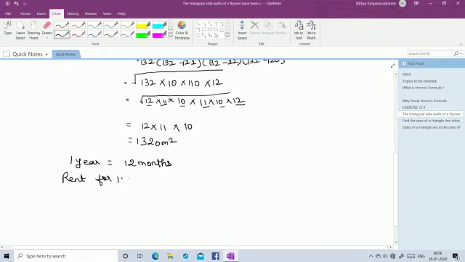Rent for 12 months is equal to rupees 5,000. What is the cost per month? So rent for 1 month, we want to divide. Rent for 1 month is equal to rupees 5,000 by 12.